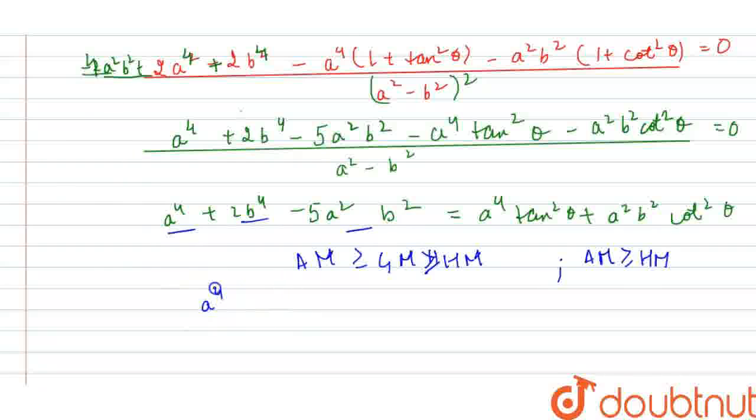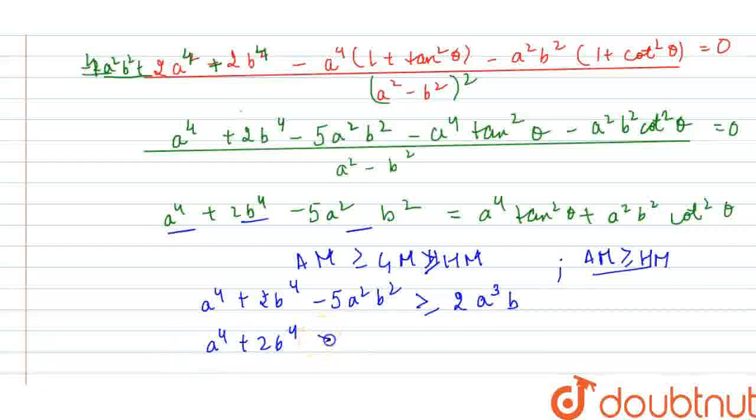So it will become a raised to the power 4 plus 2b raised to the power 4 minus 5a square b square greater than equal to 2a cube b. This will be derived after applying the same is greater than equal to HM. So I can write that a raised to the power 4 plus 2b raised to the power 4 is greater than equal to 2a cube b plus 5a square b square.